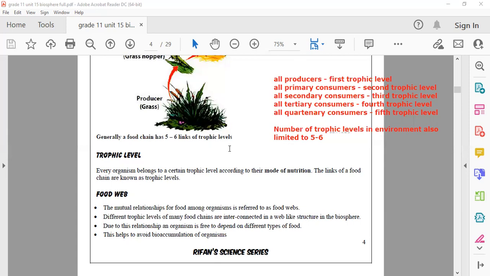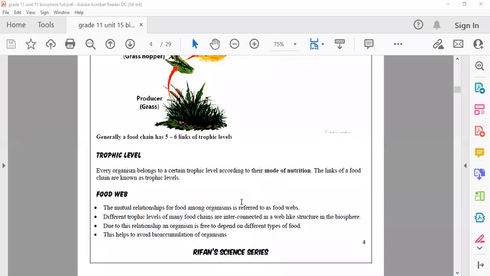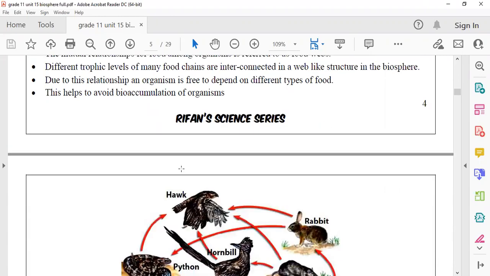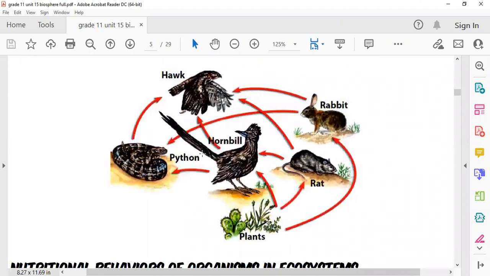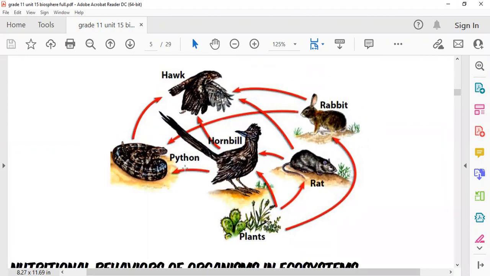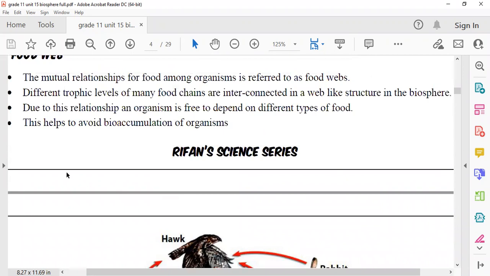now you are coming to the heading called food web. Food web is a very common heading that is well known to you, right? In an environment, you will notice this kind of food web. One organism is eating many organisms, so several food chains can be mixed together here. In your lower grades like grade 6, 7, you have studied food web.